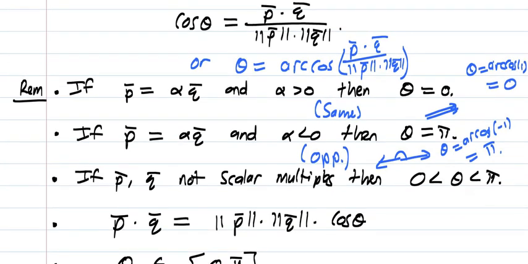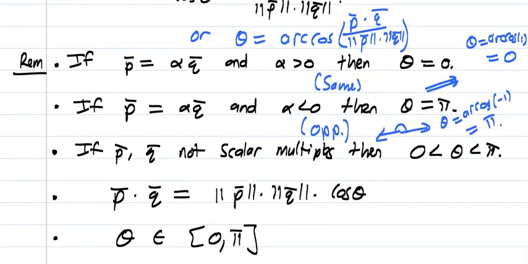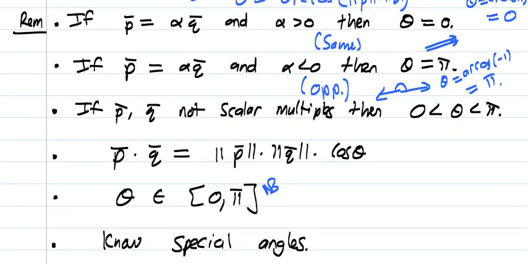And you can also rewrite that equation in another way. And you can say p dot q is the norm of p times the norm of q times cos theta, where theta is the angle between the two rays. Very important. Theta is in the interval from 0 to pi. So theta is not more than pi, and theta is not less than 0. All right?